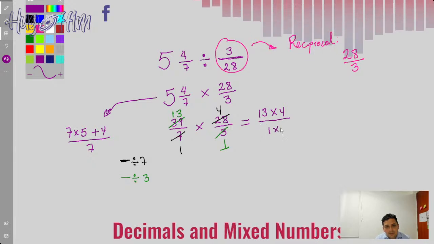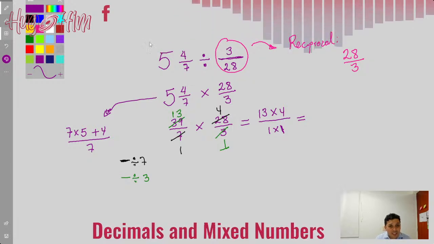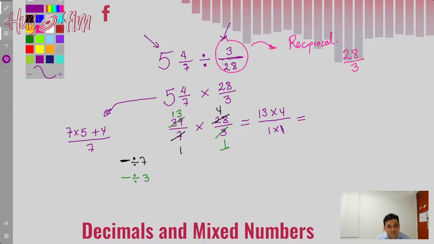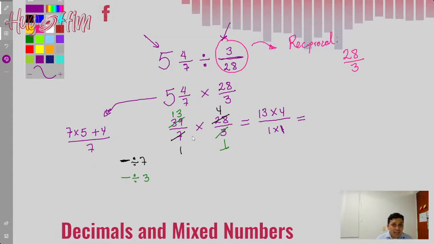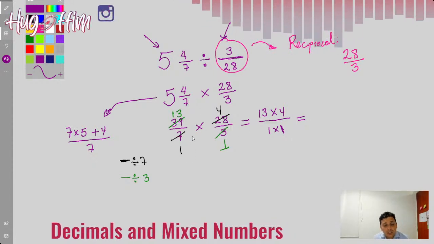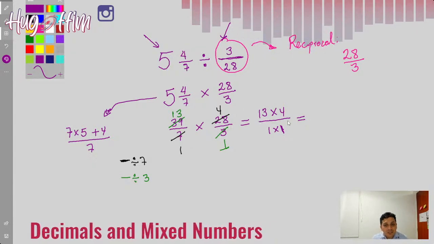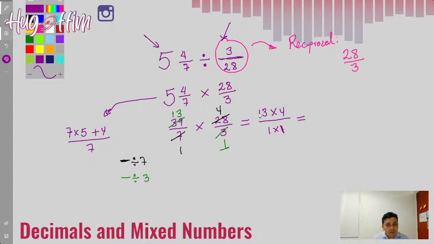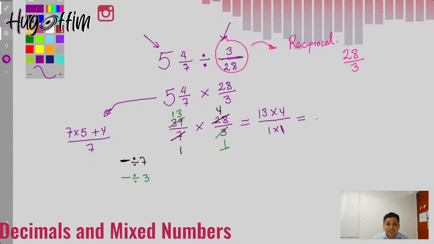over 1 times 1. Now this operation that seems difficult, just by applying what I understand of dividing fractions, dividing mixed numbers, I just get that it is the same as 13 times 4 divided by 1 times 1. So you just need to multiply 13 times 4, that is 52.